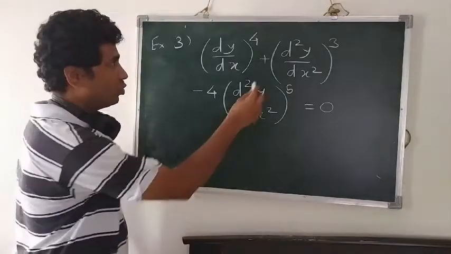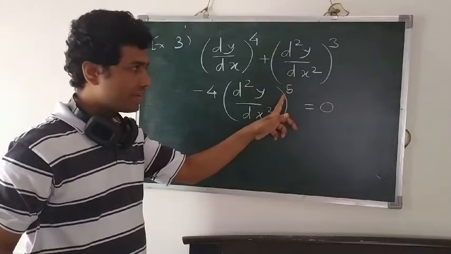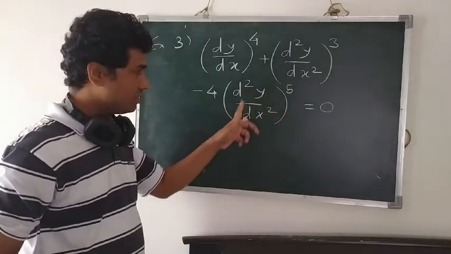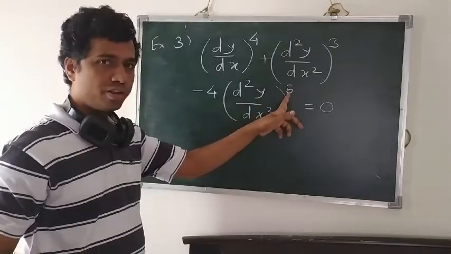Again the order is 2, but degree is now 5. Highest order derivative is second order derivative and its highest power is 5.